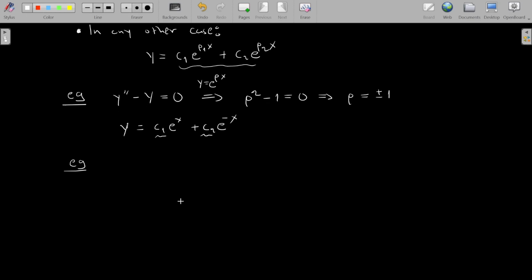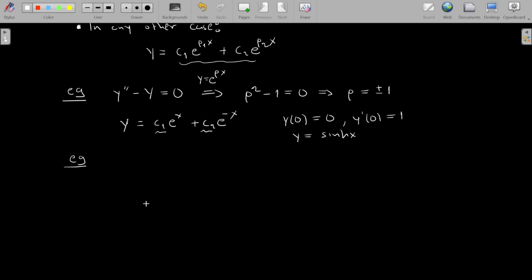Now we are going to need two, of course. So if you check for this example what happens if y(0) is 0 and y prime of 0 is 1, you will get that this will transform to sinh of x, the hyperbolic sine of x.